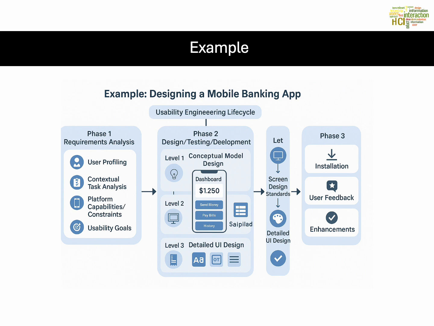Right now we are going to learn step by step about prototyping and how we do it, but for now we are just using simple methods like paper and pen to sketch the ideas. And finally phase 3 is installation and deployment, getting user feedback and enhancing the system using that feedback.